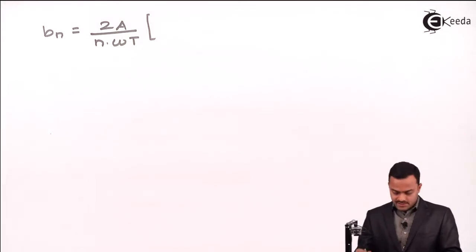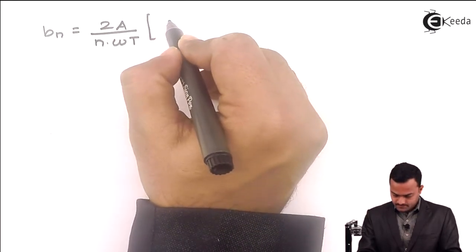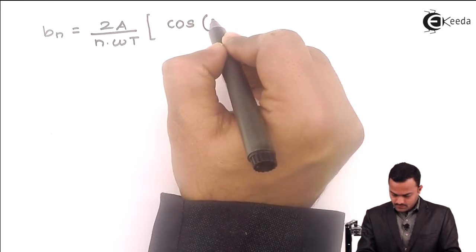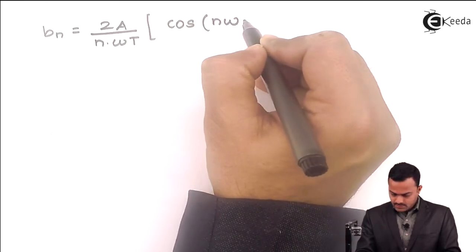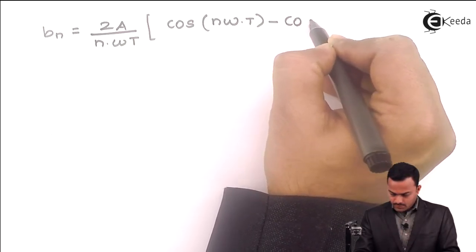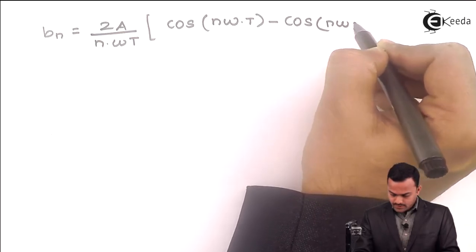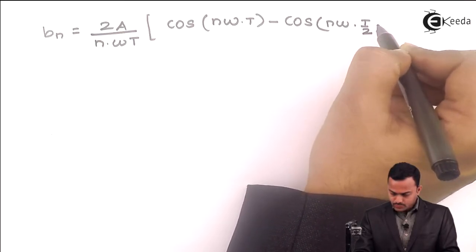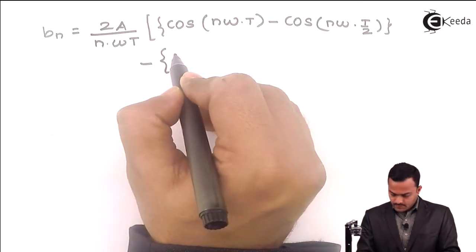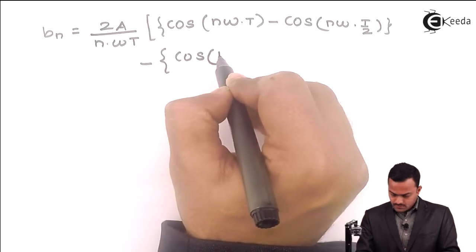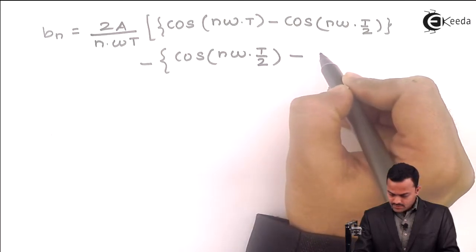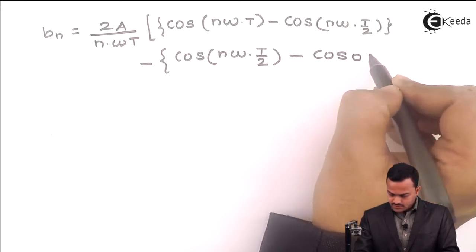After applying the limits, we'll get cos n omega into capital T minus cos n omega into capital T by 2, minus cos n omega capital T by 2 minus cos 0.